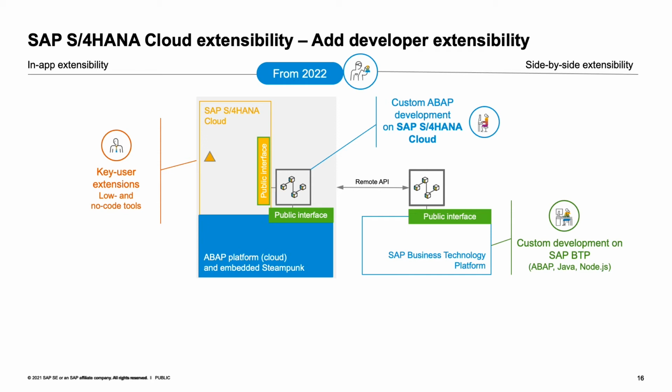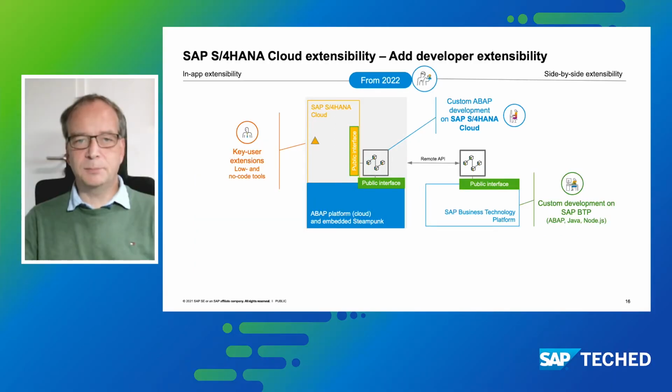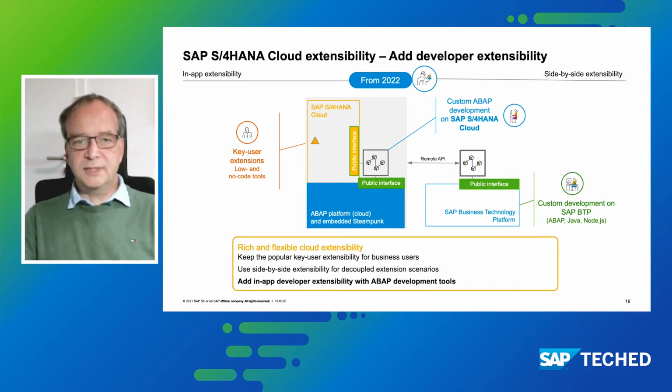So there is the project name Embedded Steampunk, to just mention that we bring back this approach we have run side by side in addition into the stack of SAP S/4HANA. We call it SAP S/4HANA Cloud Extensibility or in-app developer extensibility, as you now operate directly within the stack, but with the full power of developer tools. I would like to introduce it now a little bit more in detail so that you can see the pros of this new approach and what you can do with it.